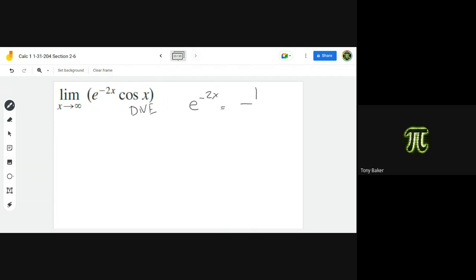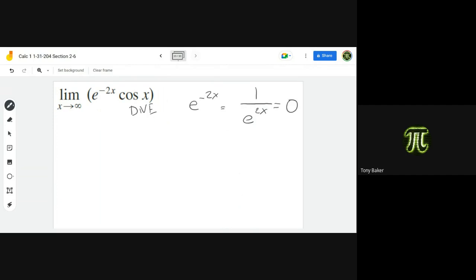That's the same thing as saying 1 over e to the 2x, because remember that negative exponents just go down to the bottom. As that's going to infinity, this is going to get what? Bigger. So this is really going to 0. So I have 0 and does not exist.